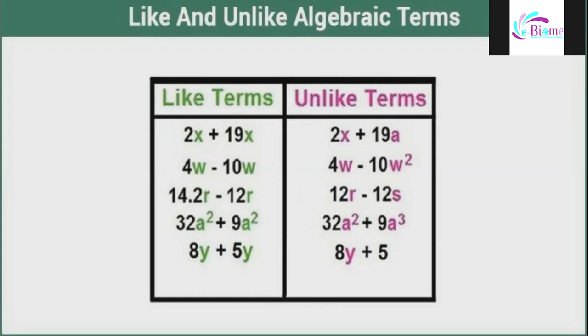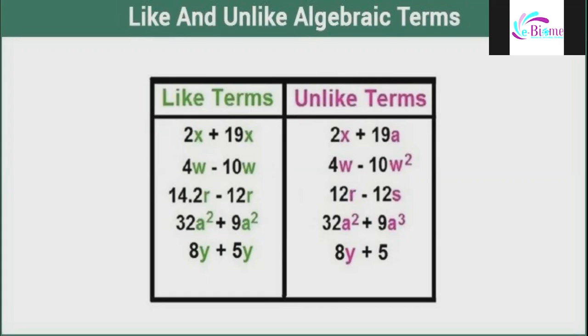Anyone can tell us why those are unlike terms? They both have w. What makes them unlike terms if they both have w? Because one is raised to the second power. Okay, very good, because one is raised to the second power. And here we have 12r minus 12s, and we say they are unlike terms because they have two different variables.